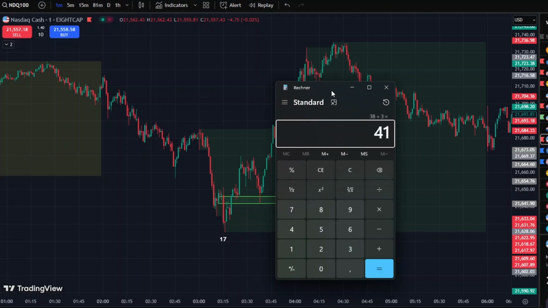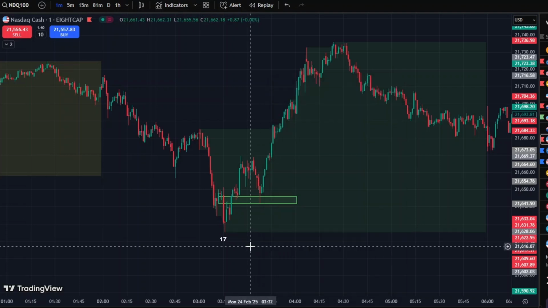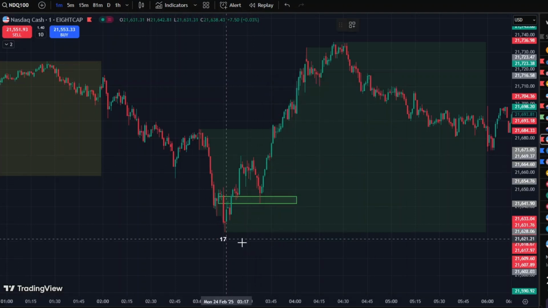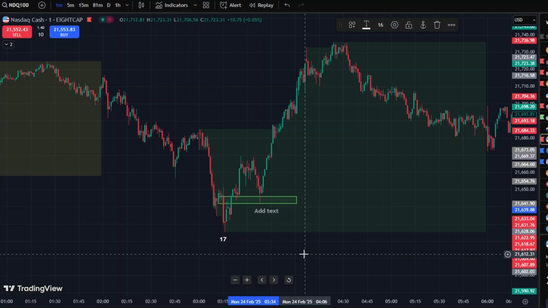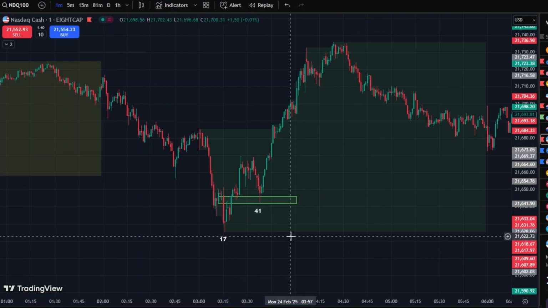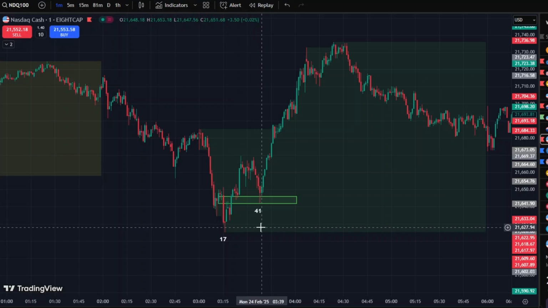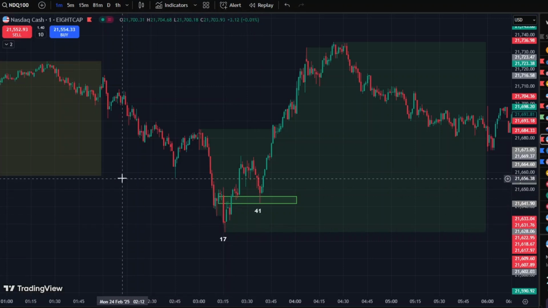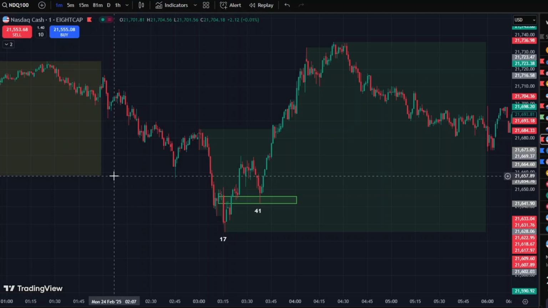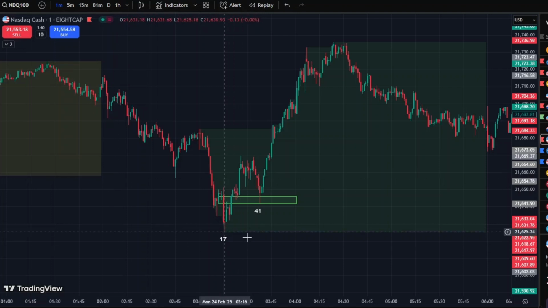Plus 3, which is 41, GB number again. So when I see that the fair value gap got created in CE time and the GB time respected it, that means long for me. Why? Because the Asian low got swept. This is a London session.